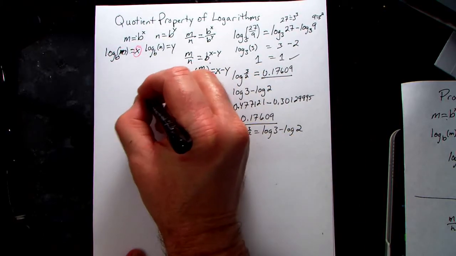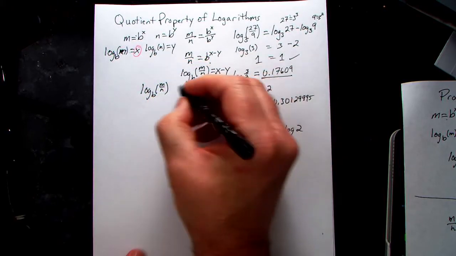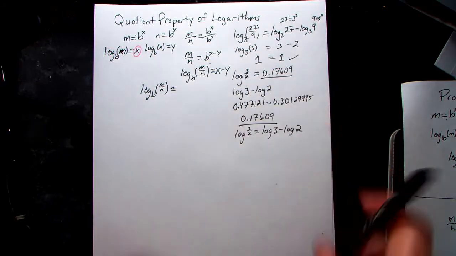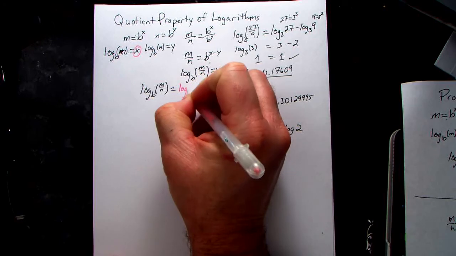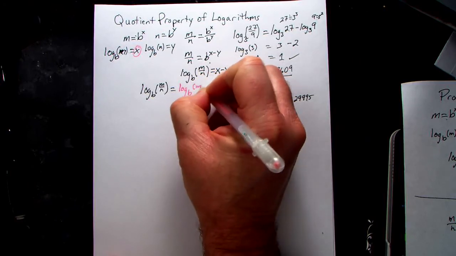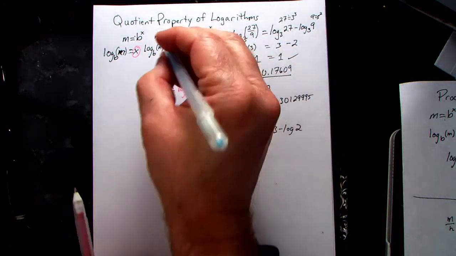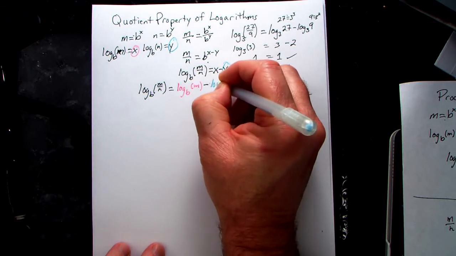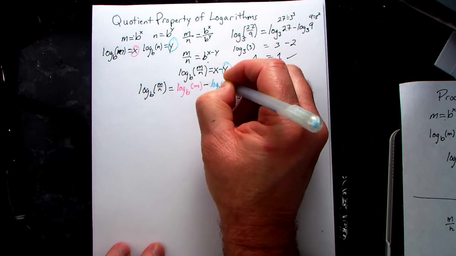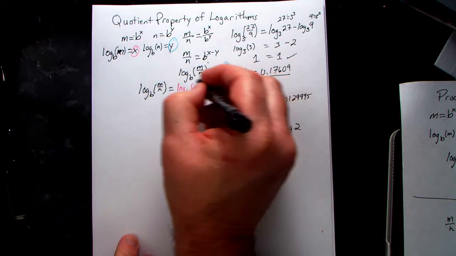It means I can take this statement, log base b of m over n, that quotient, and I can substitute in for x and y. x is log base b of m minus y, which is log base b of n, giving me the quotient property of logarithms.